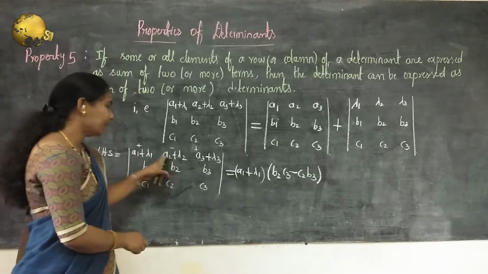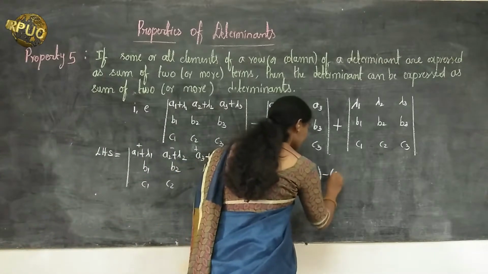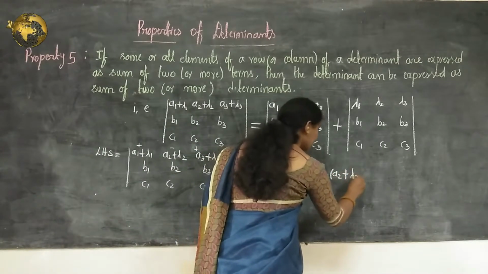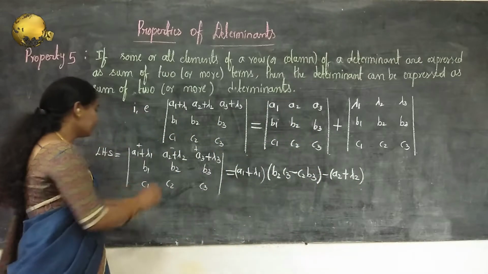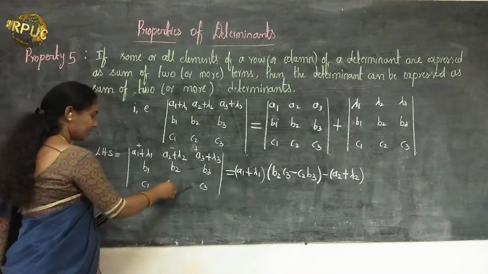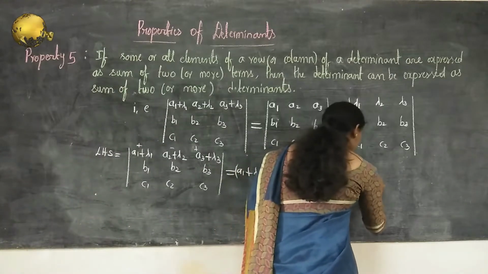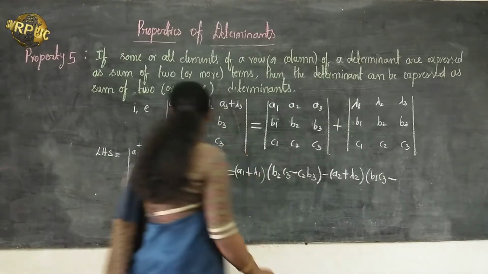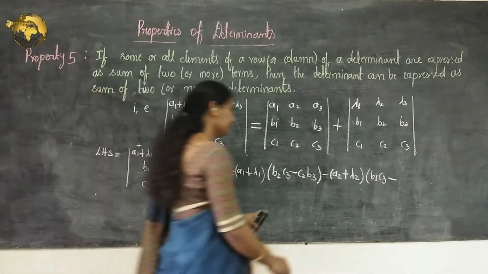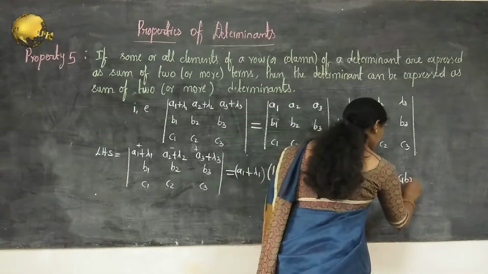Minus A2 plus lambda 2 into, here I neglect the first row and second column, so B1 C3 minus C1 B3.